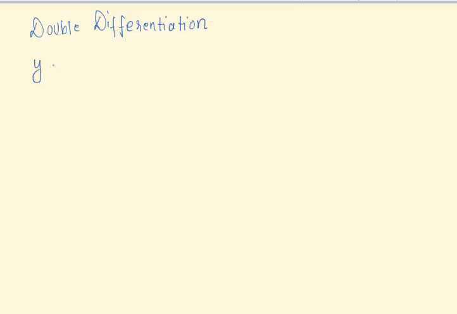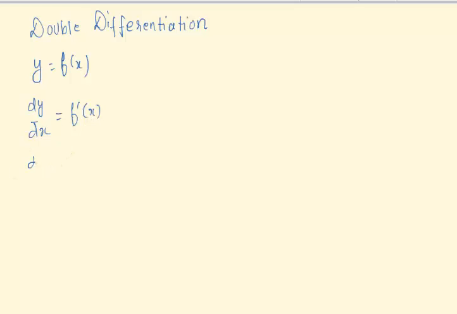Suppose you have a function y equal to f of x. Then if you differentiate it once, you get dy by dx, which is simply the differentiation of the expression in x.